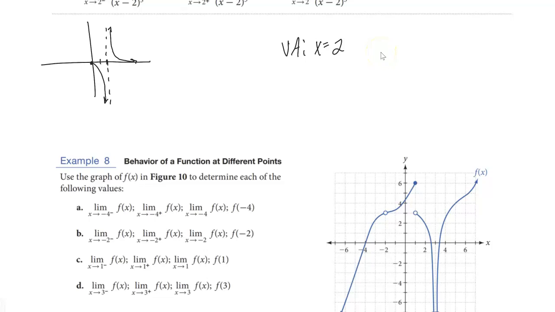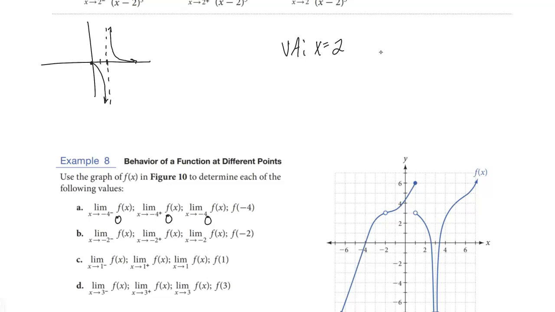So let's look at this one. We've got this graph and we're trying to find just a whole bunch of different limits. So as x approaches negative 4 from the left, that y value is going to be 0. As x approaches negative 4 from the right, that y value is 0. So as x approaches negative 4, it's going to be 0.